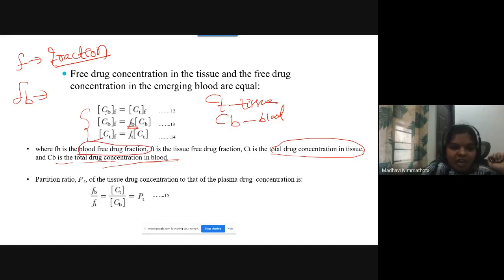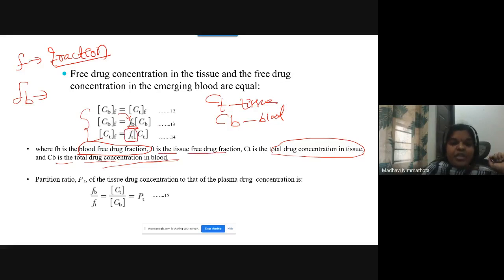So when you calculate the C of B, you have to calculate the normal fraction. Then the fraction will be in the sense of this blood free, that is unbound drug fraction. You will get the equation like this. This is the unbound drug fraction, and F of T is the tissue free drug fraction.